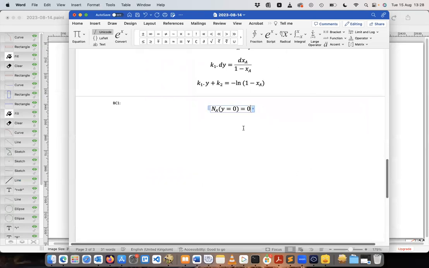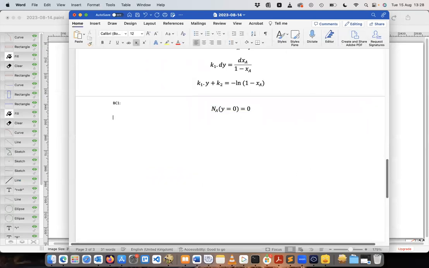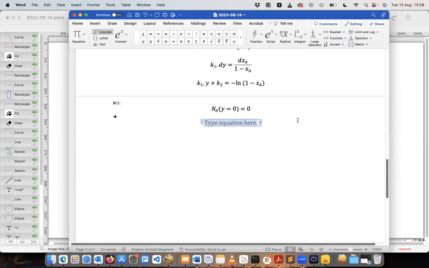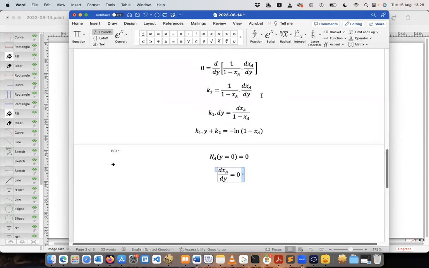So NA equals 0. That implies to us that dxa dy equals 0.